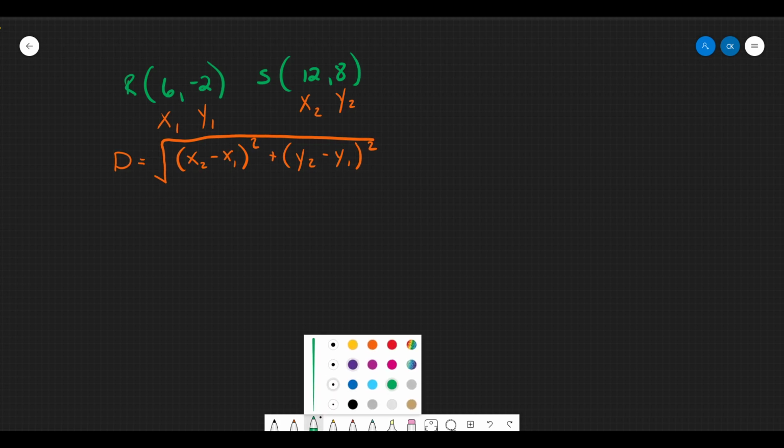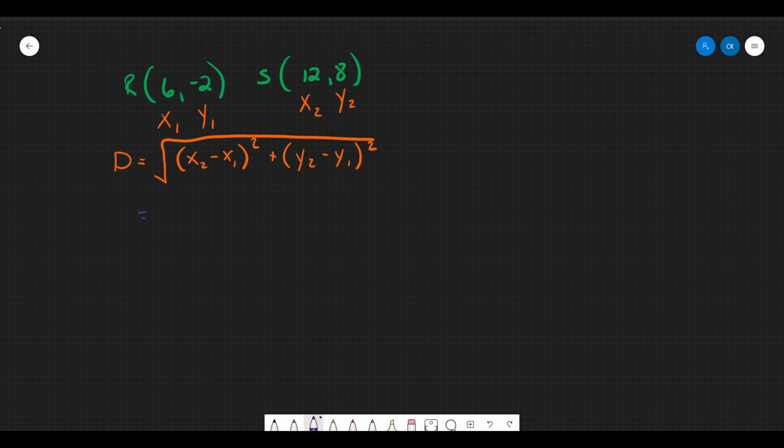Now I get to take everything and just plug it in. My x2 is 12, so this is going to be the square root of (12 minus x1, which is 6) squared plus (y2, which is 8, minus y1, which is -2) squared.